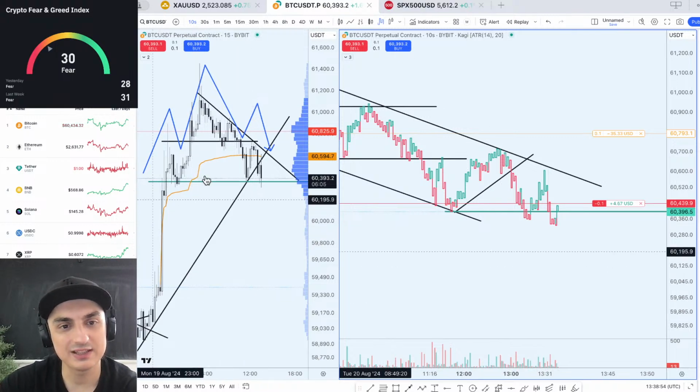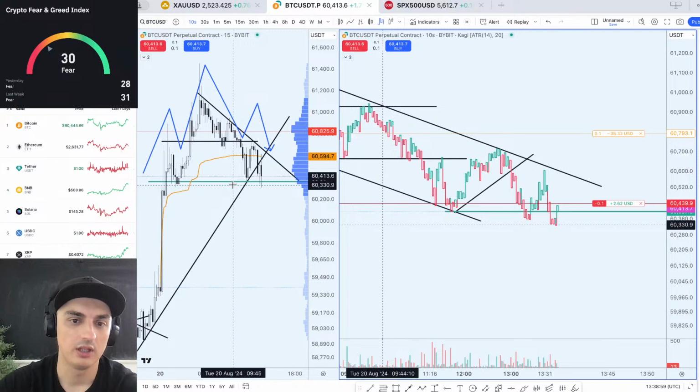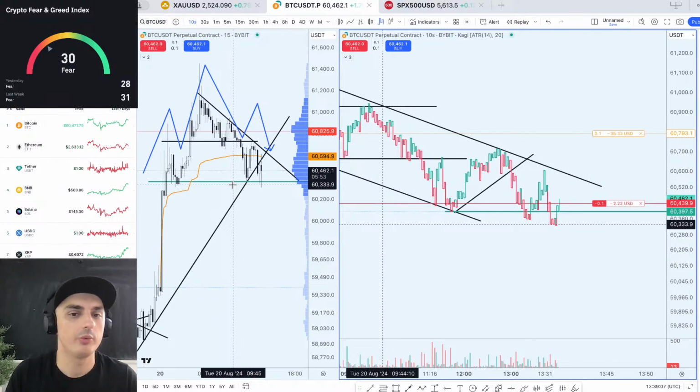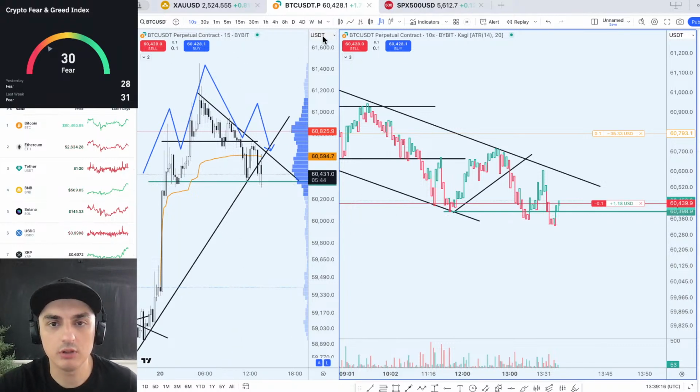I'm still not very convinced that we're going to go below, especially from what I already experienced in intraday trading in Bitcoin. I already know that many times the market shows that it's flushing, that it's breaking out, but it's not.